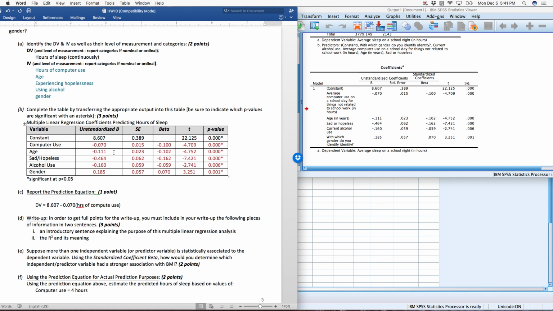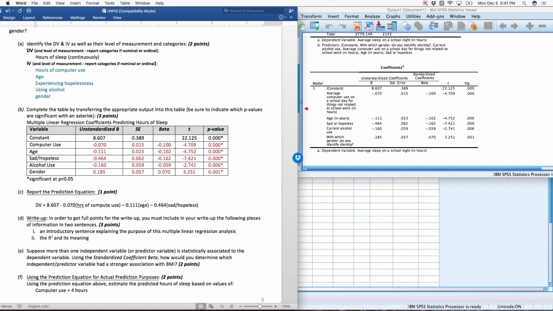Then the next one is age, so you can either do plus negative 0.111 or minus 0.111 times age. And then so on until you have all the rest of these 3. So minus 0.464 times sad, hopeless.